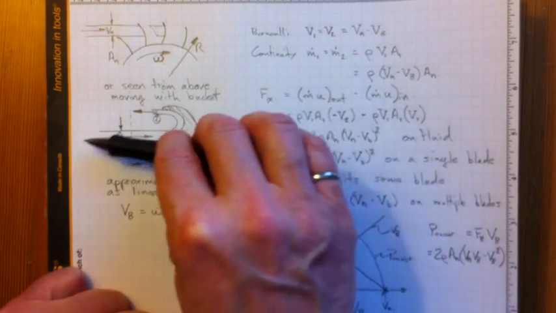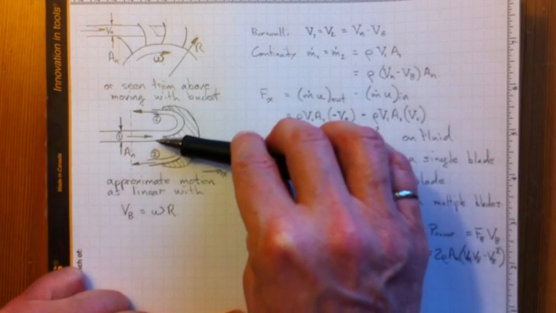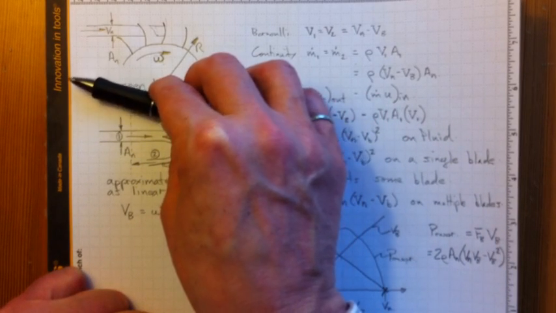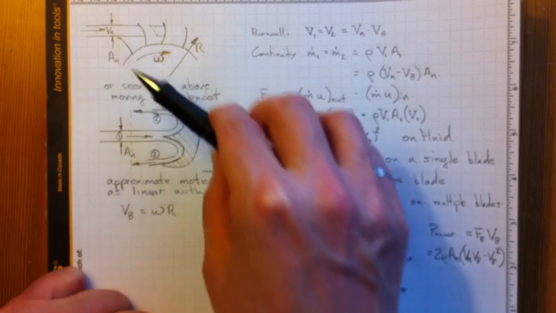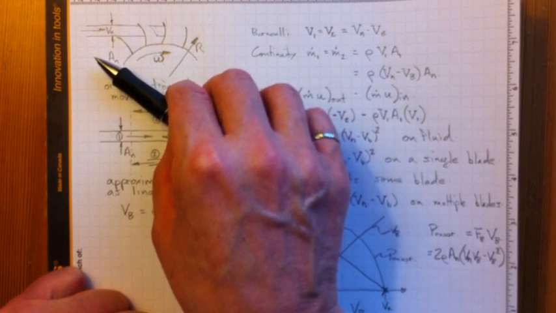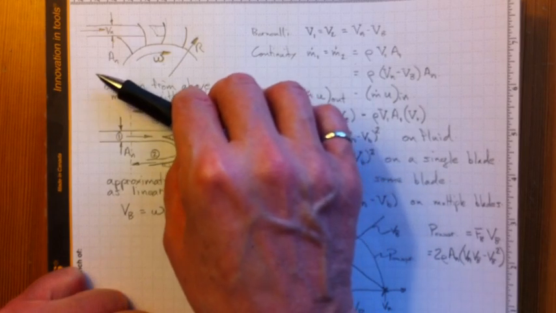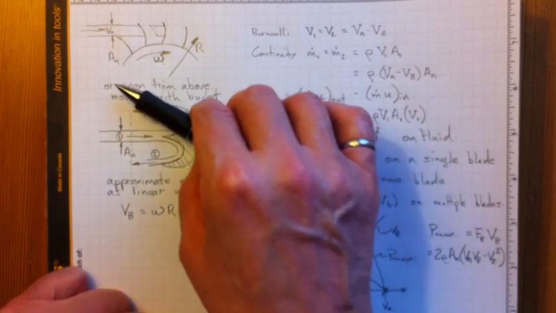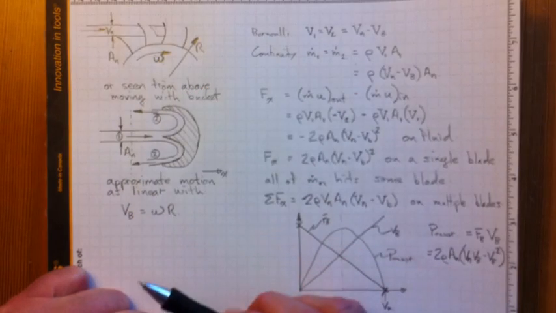So in practice, instead of turning through 180 degrees, these buckets will turn through an angle just a little bit less than 180 degrees so that the water will go off to the side here. And it will go out with a velocity just a little bit bigger than 0 so that it'll actually clear out the sides of the bucket.